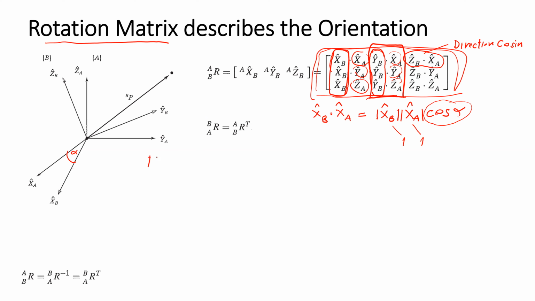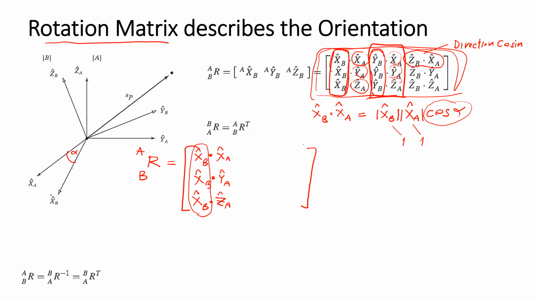The rotation matrix of the frame B with respect to frame A is equal to how the unit vector x of the frame B makes with the x of the frame A, with y of the frame A, and with z of the frame A. The x component of the frame B is already fully described.